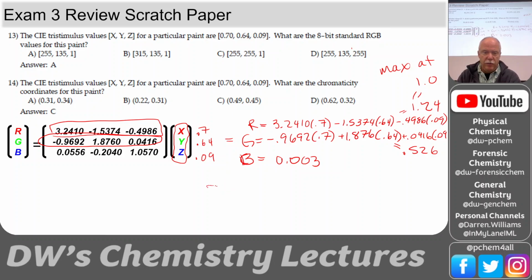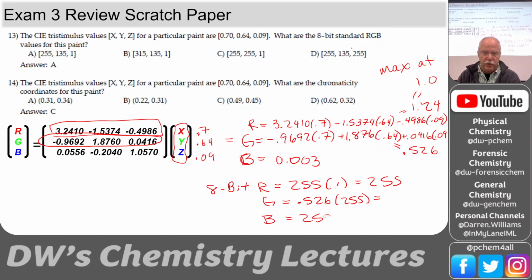So the 8-bit R is equal to 255 times 1 equals 255. The G is equal to 0.526 times 255. I did that kind of backwards, but it's fine. And then the blue is equal to 255 times 0.003.